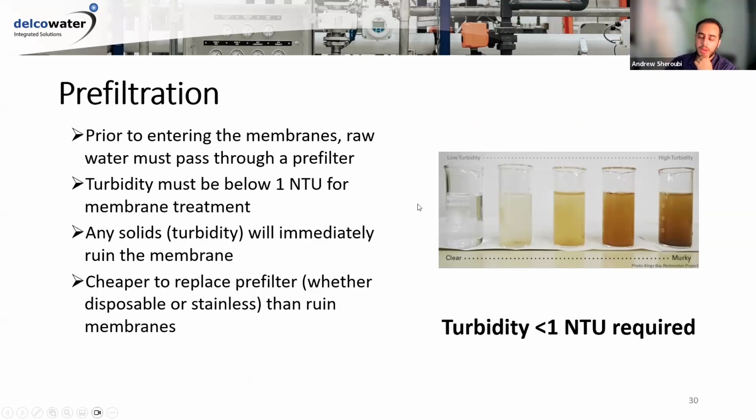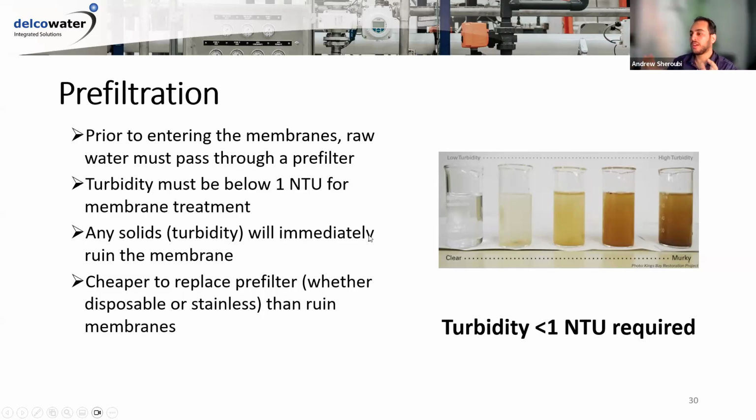And a lot of membrane manufacturers require that the turbidity be below 1 NTU before you put water through an RO membrane. Again, these are more commonly used in groundwater applications where the turbidity is naturally already quite low and you're trying to remove some of those dissolved constituents. But the turbidity will foul the membranes very, very quickly.